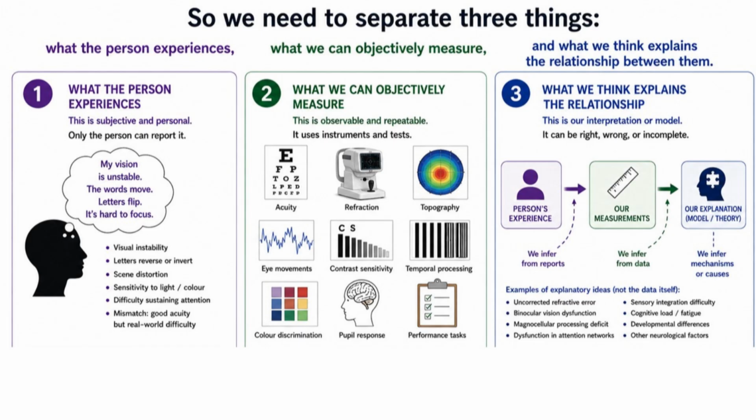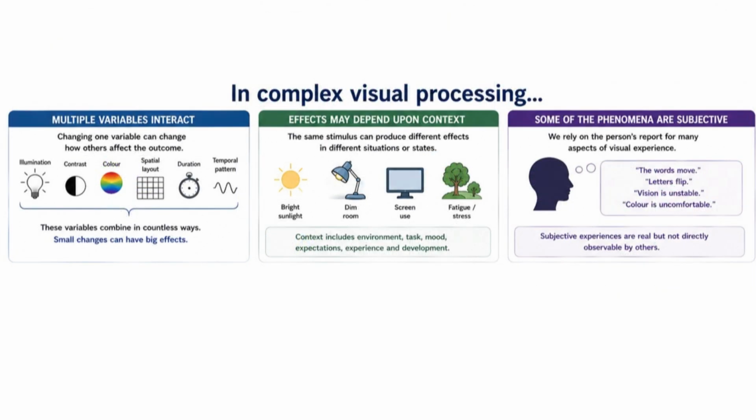The scientific method remains our best tool. Evidence-based medicine remains essential. But both require us to recognize the limits of the evidence. In complex visual processing, multiple variables interact, effects may depend upon context, and some of the phenomena being investigated are subjective.